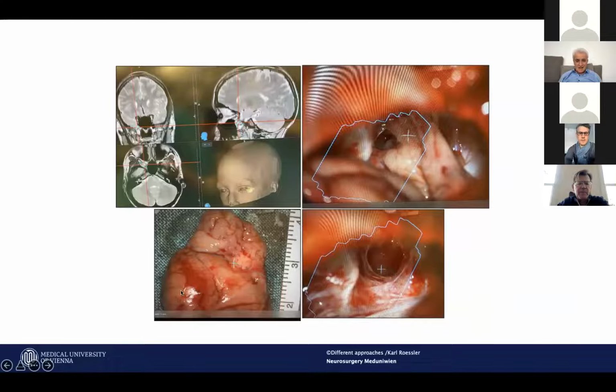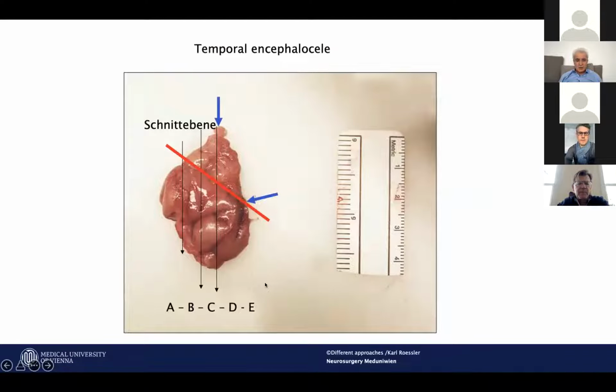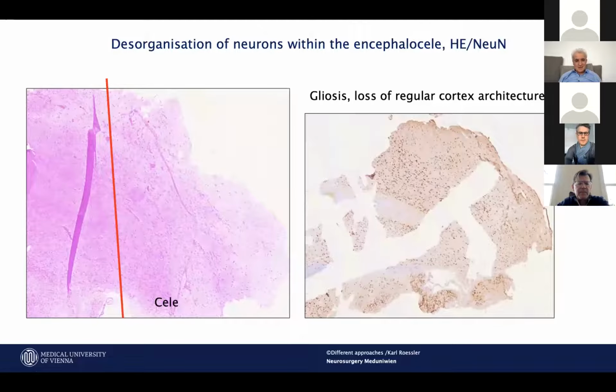And by doing this en bloc, we had the chance also to investigate this prolapse of the brain and to find the origin of the epilepsy, especially in this chaotic tissue of the encephalocele and this loss of the regular cortical architecture, which you won't have the chance to see if you don't do this en bloc resection.